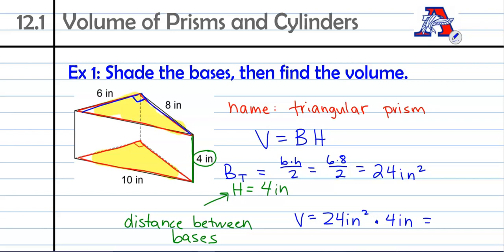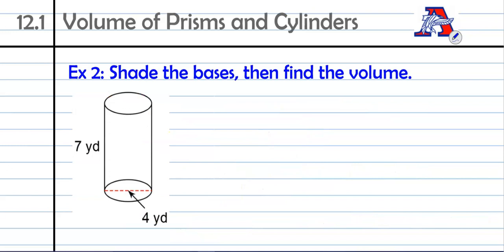So our final answer is going to be in inches cubed. And then all that's left for us to do is to do 24 times 4, which is 96. So final answer, volume of the triangular prism is 96 cubic inches or 96 inches cubed. And then we're ready for our second example, which is a cylinder.